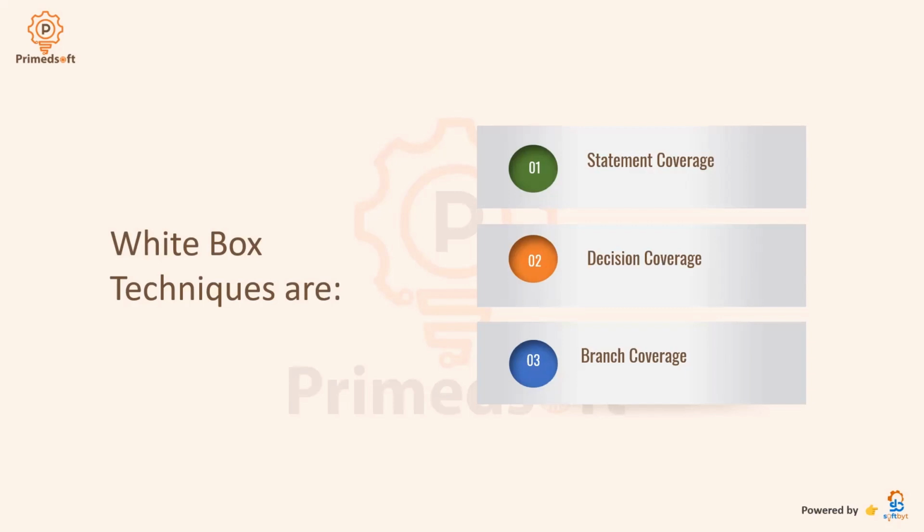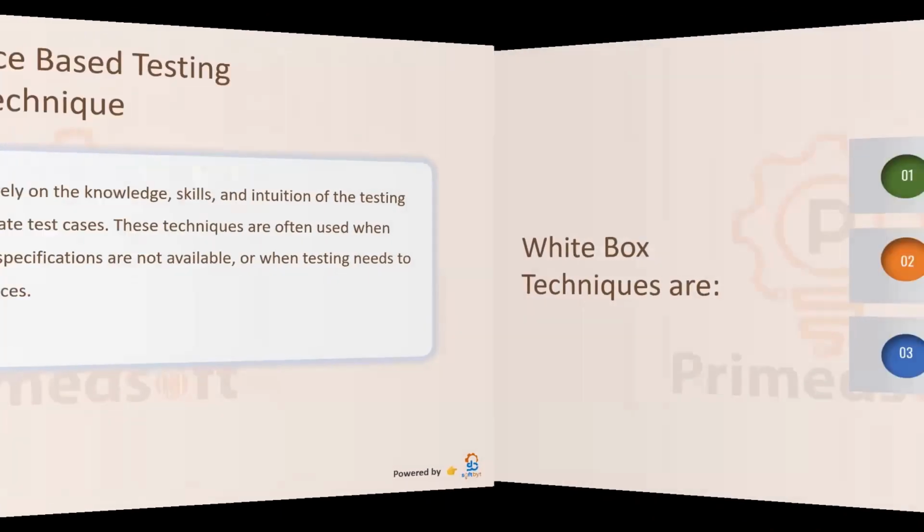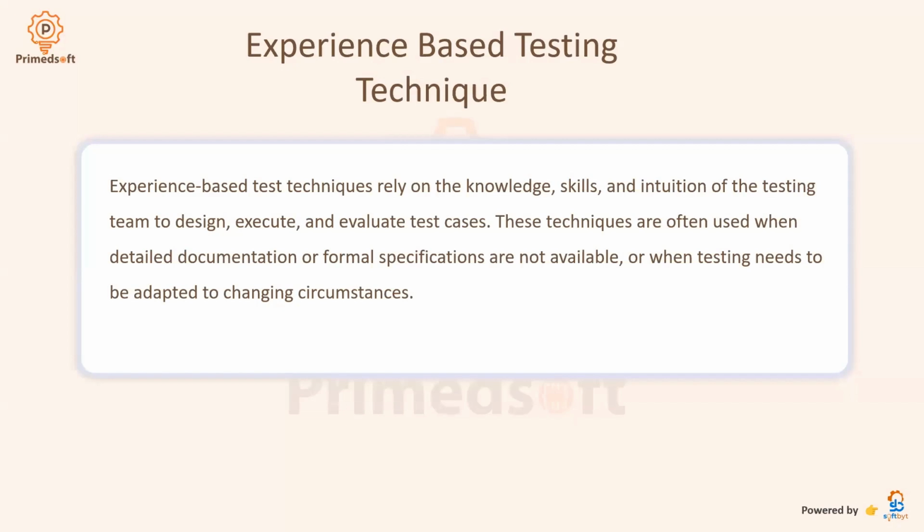So now we'll go over to experience-based testing. Remember, at the beginning of the class, I told us that we'll have three categories: the black box testing, the white box testing technique, and the experience-based testing technique. We've touched on it briefly before going into what they are.